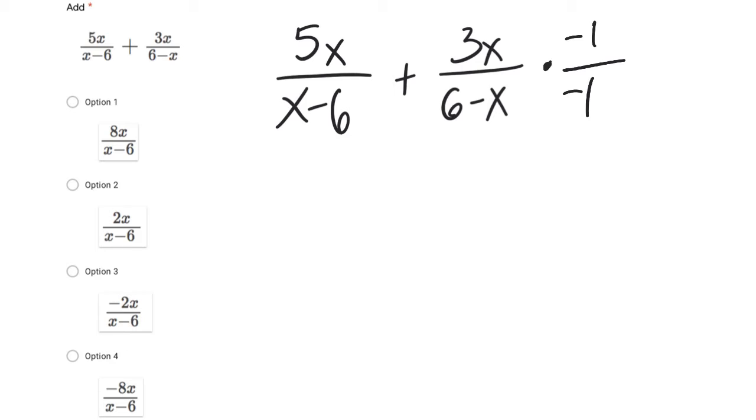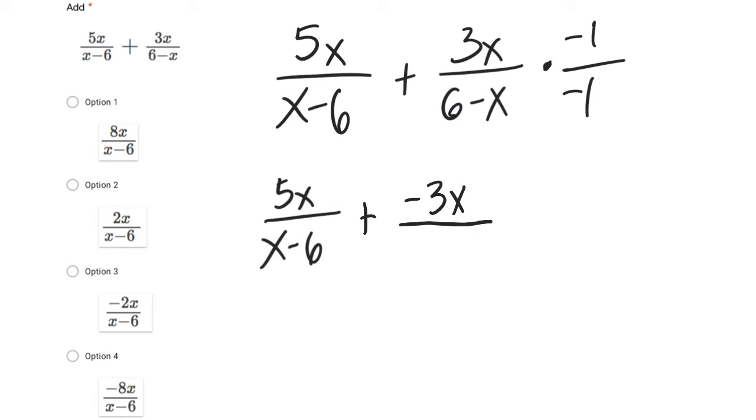So I'm going to bring down my 5x over x minus 6, and then I'm going to distribute my negative 1 into the 3x and then negative 1 into the 6 minus x. So I have plus negative 1 times 3x is negative 3x, and then on the bottom I'll have negative 1 times 6 is negative 6, and then negative 1 times the negative x is positive x.